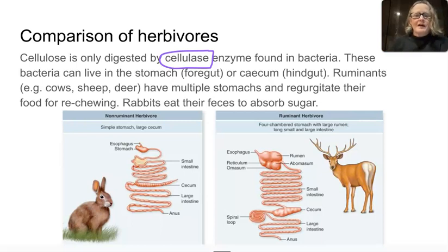Some herbivores have them living in their stomach, and we call those foregut because it comes before all the intestines. Or they can have the bacteria and the protozoa living in the cecum, in which case we would refer to them as hindgut herbivores.